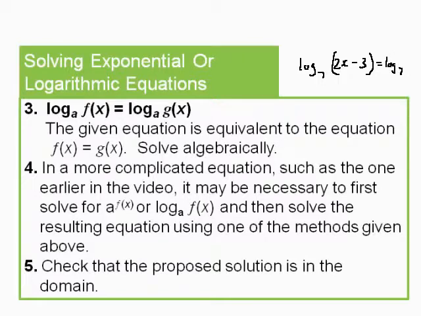Equals the log base 7 of 5x. And whenever that happens, whenever you have log of something, same base, equals log of something, same base, then you can just take whatever's after them, set them equal. So you may have got that one, I don't know. So this one, you could take whatever's after these, set them equal, and solve for x.